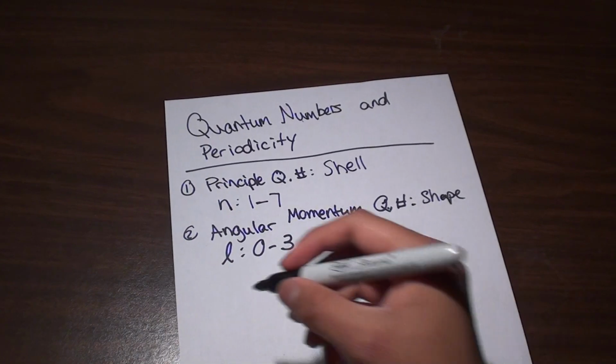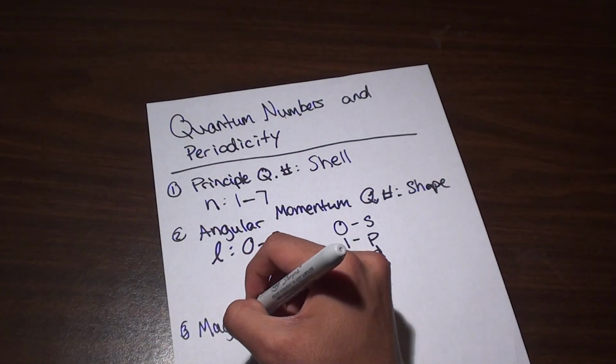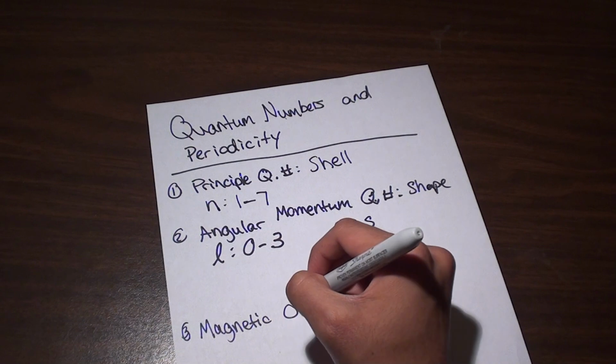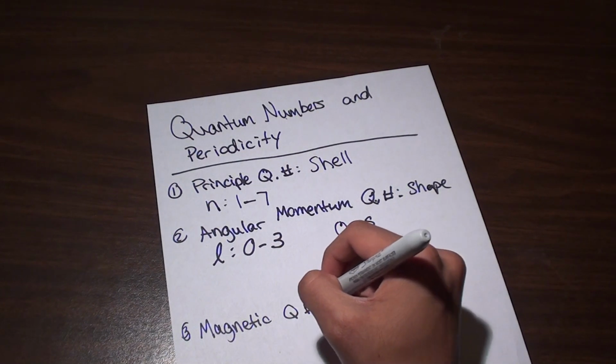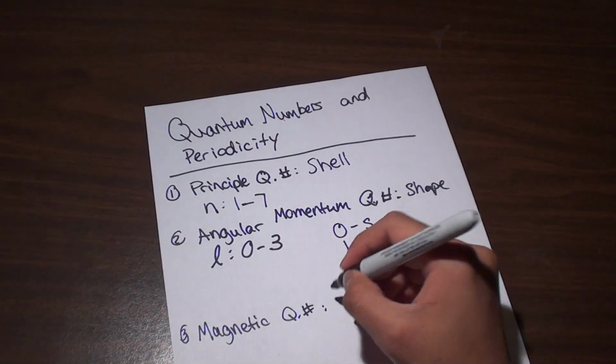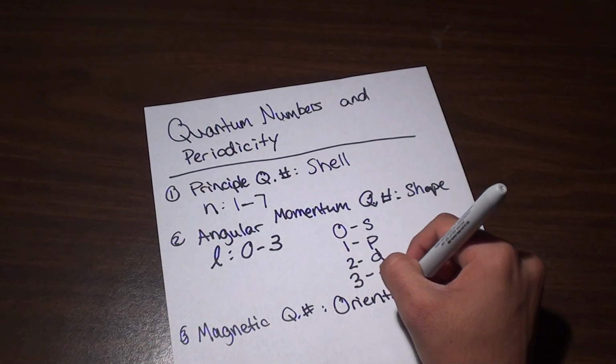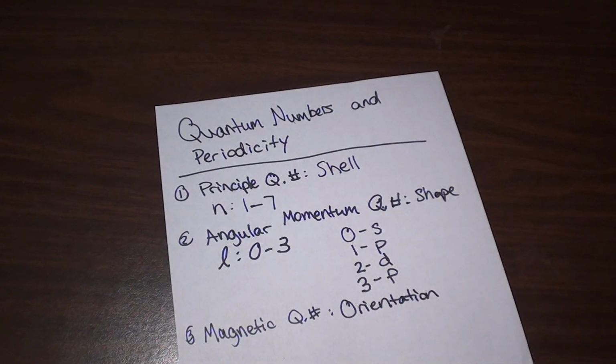And then the third one is the magnetic quantum number. And what the magnetic quantum number is describing is the orientation of the orbital in space. So basically where in the atom this orbital is in relation to the orbitals that are around it.